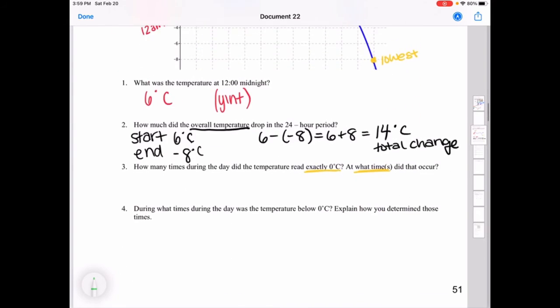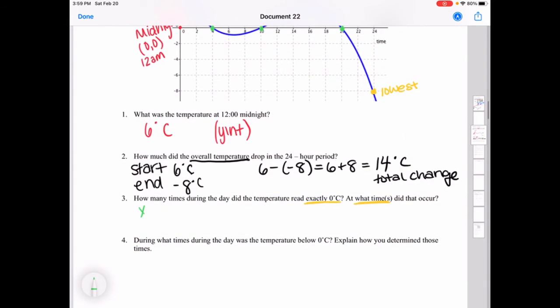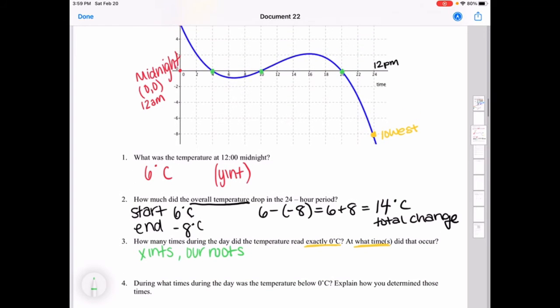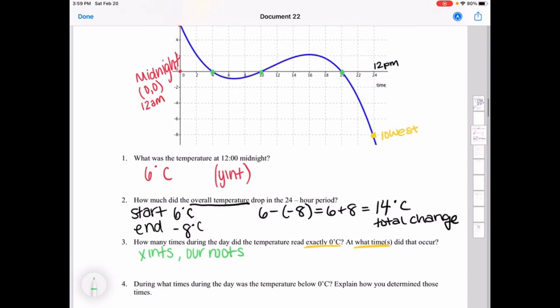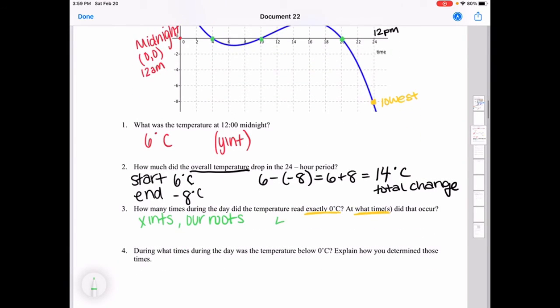These are my x-intercepts, our roots. So we have at 4 hours, and so if this is midnight at 0 hours, then 4 hours would be 4 a.m. So at 4 a.m., then we have 10 a.m., because 10 hours after midnight is 10 a.m., and then we also have one at 20 hours.